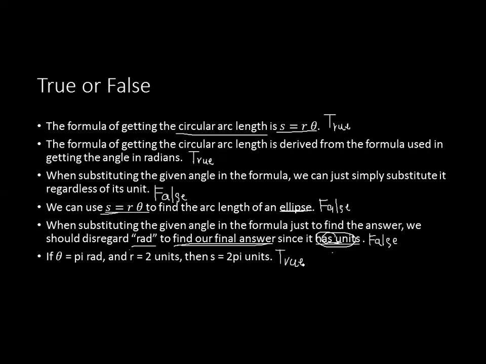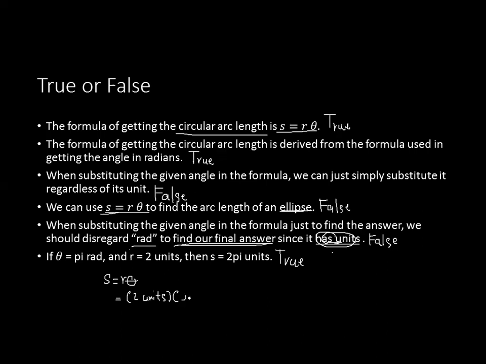Why though? We can prove that this is correct by substituting it in this formula. So it's like you're already solving here. Theta is pi radians, then your radius is 2 units.